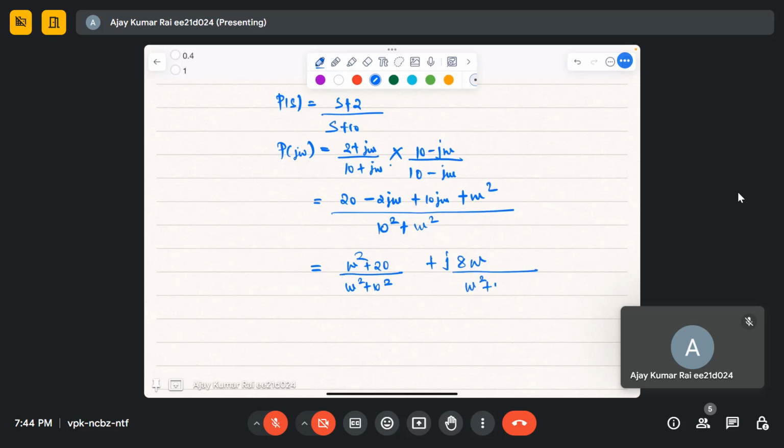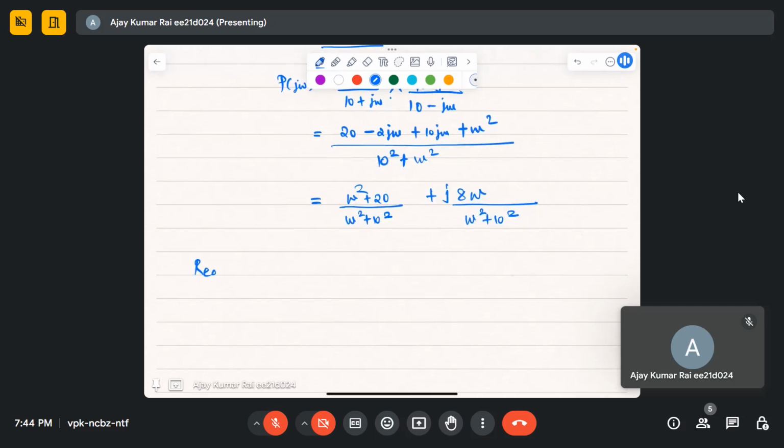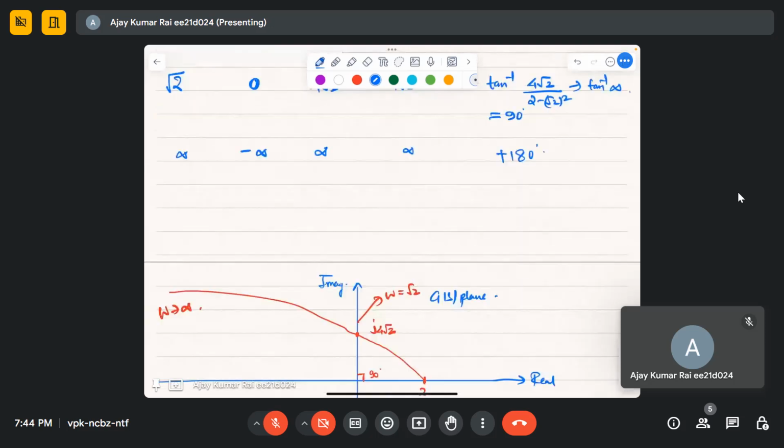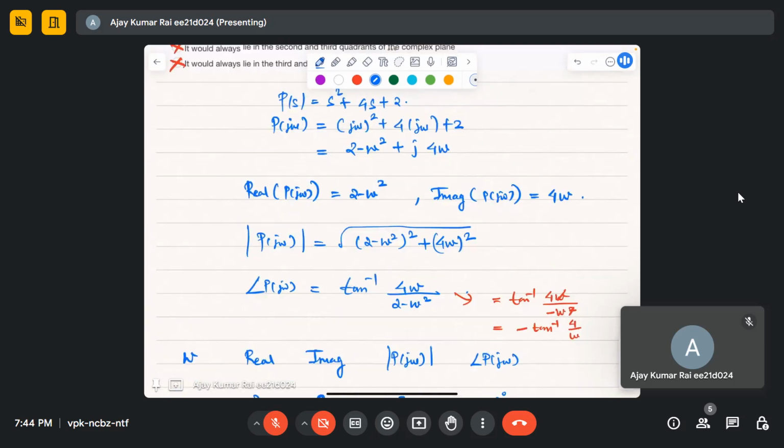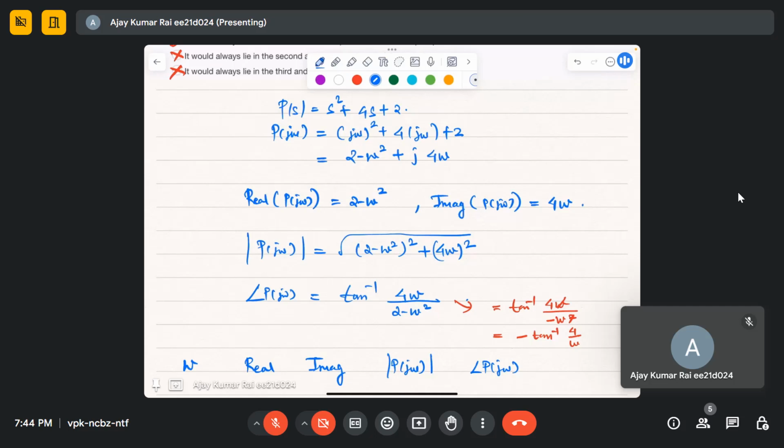So the real part is, you can see it will be always positive, right? In the previous question, when I wrote out the real and imaginary part, I was talking about how after omega equal to root 2, the real part will be negative.